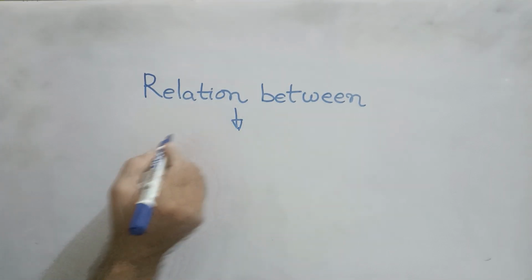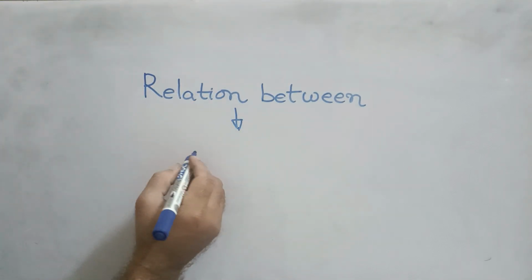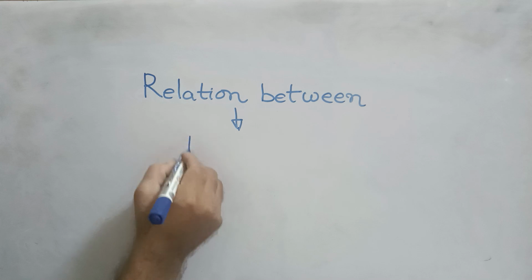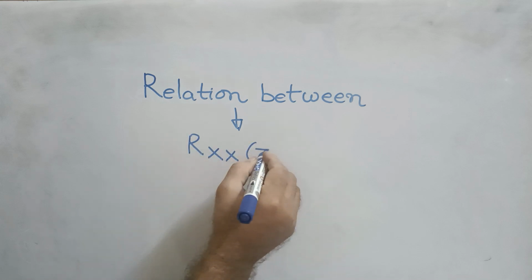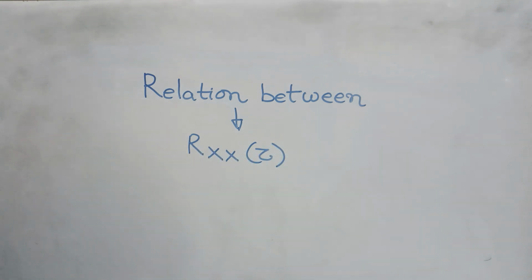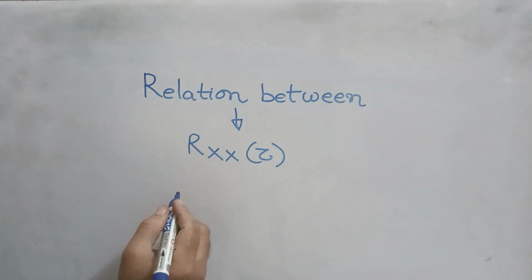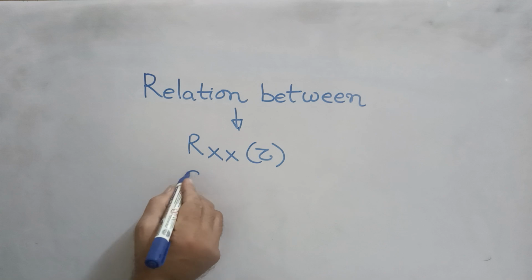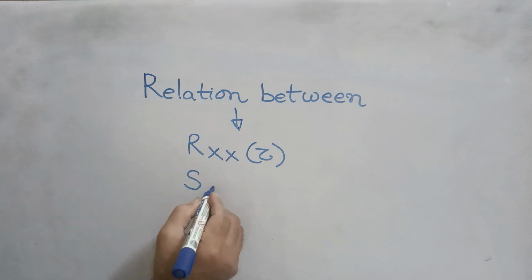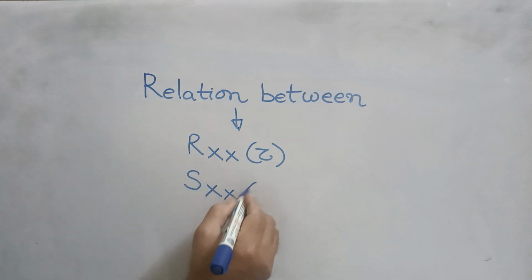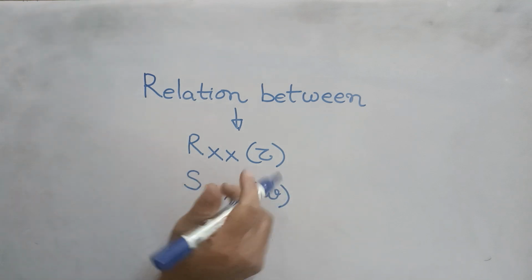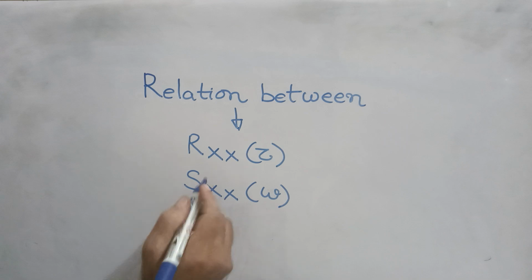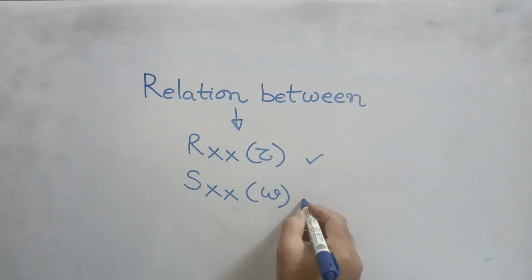The autocorrelation function is normally denoted by Rxx of tau, and the power spectral density is denoted by capital Sxx of omega. Okay, so there is an important relation between these two, right?